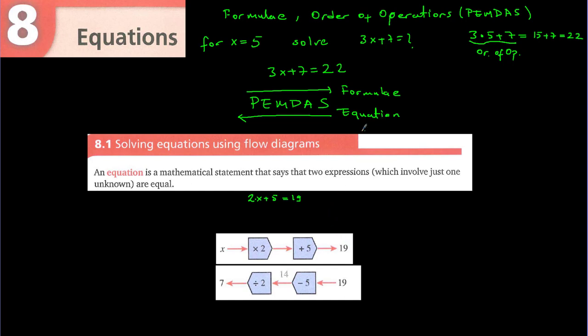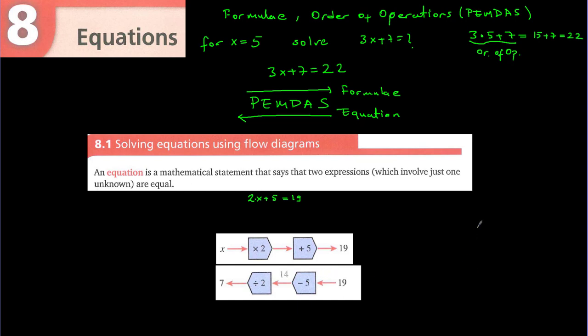As I said, what is in formula is the inverse in equation. So if you remember, the inverse of addition is subtraction. So you are starting from the 19 side. Firstly, we added 5 and we got 19, which means we are going to subtract 5 from 19. That's the first operation.